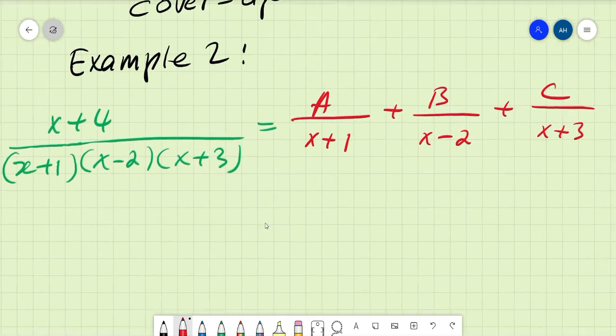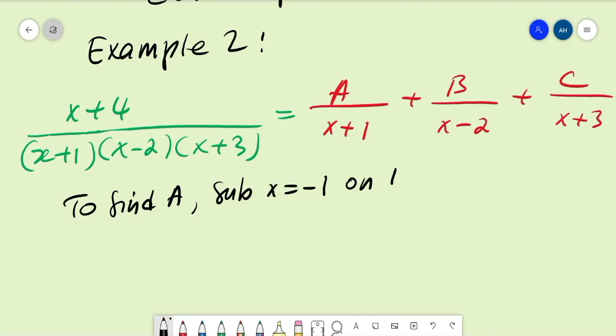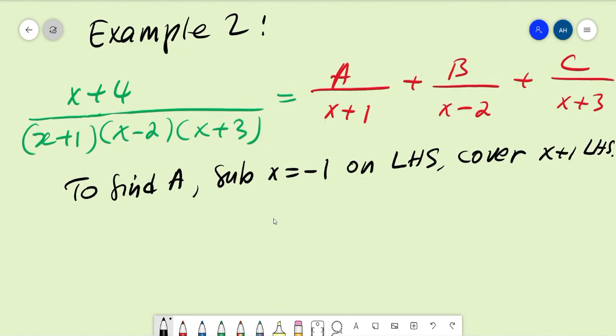Now to find the value for a, what we have to do is substitute x equal to negative 1 on the left hand side. At the same time, we have to cover x plus 1 on the left hand side. So if we do that, we can find the value for a by substituting x equal to negative 1.